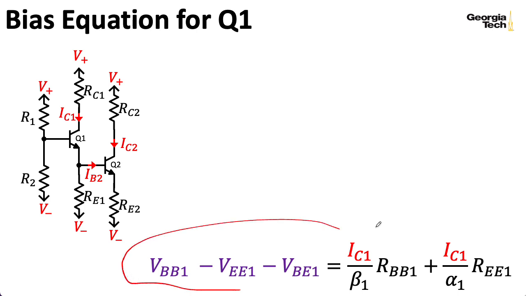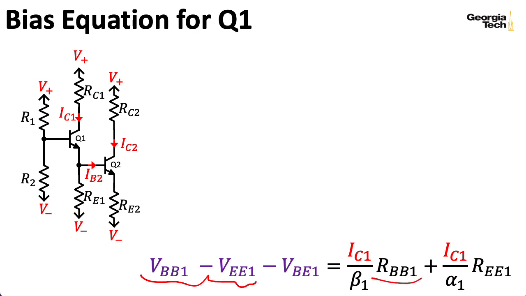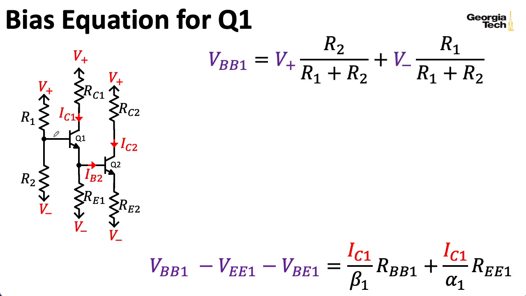This is something we developed in a previous lecture, and it's expressed in terms of the Thevenin equivalent circuit seen looking out of the base and looking out of the emitter, expressed in terms of Thevenin equivalent voltages and Thevenin equivalent resistances.